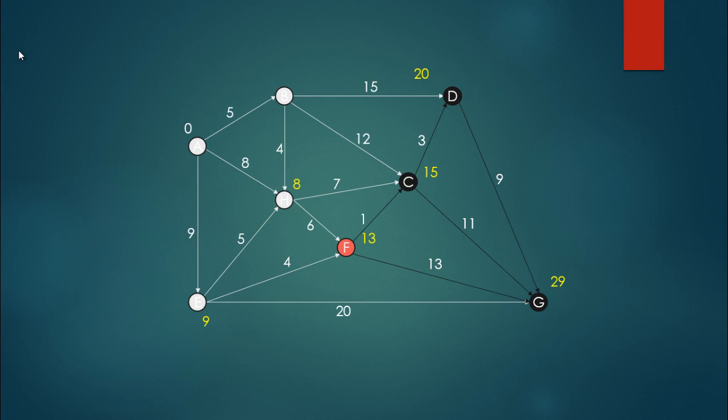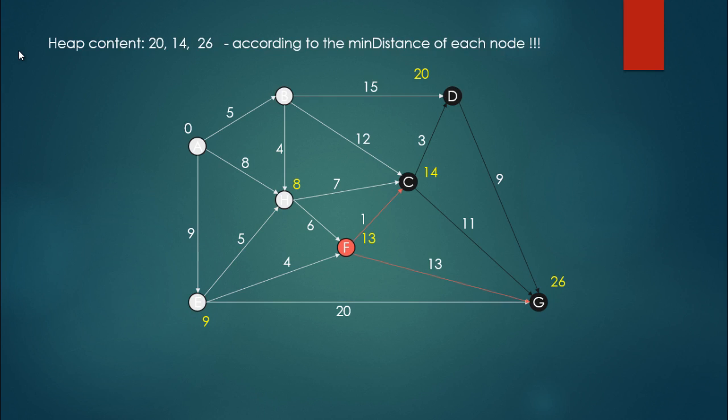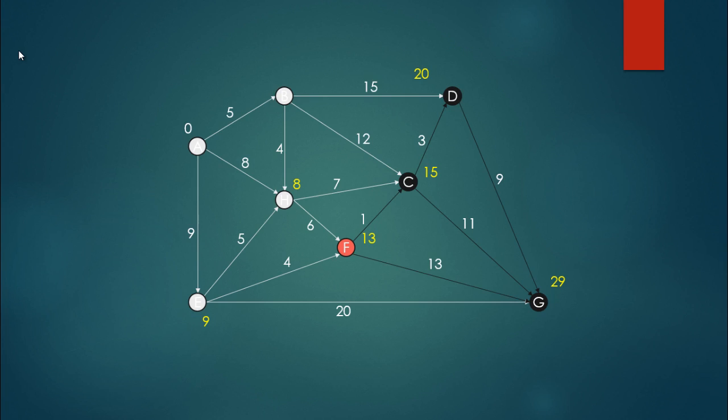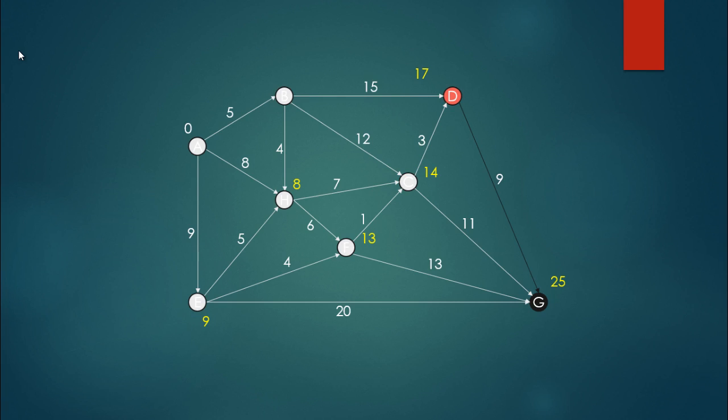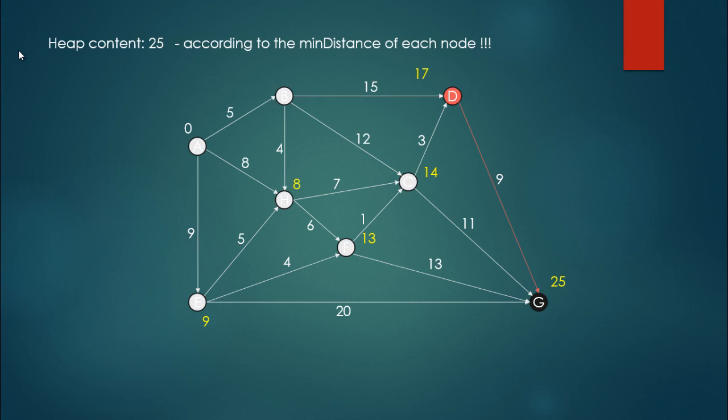So 13, and we are going to visit each of its neighbors, and we come to the conclusion that there's an even shorter path to C, I mean from the start vertex, which is A, to C, via F. So we can go through this F, and we update the minimum distances accordingly. Then we go to C and visit its neighbors. Then the D, because 17 is smaller than 25, and we are going to update if necessary. And the last node is G.